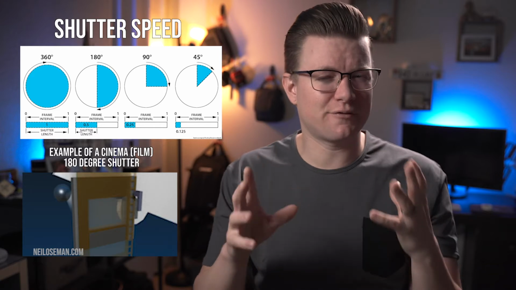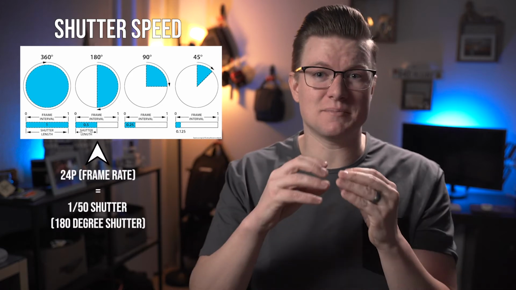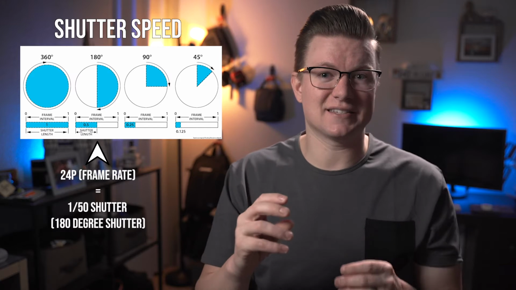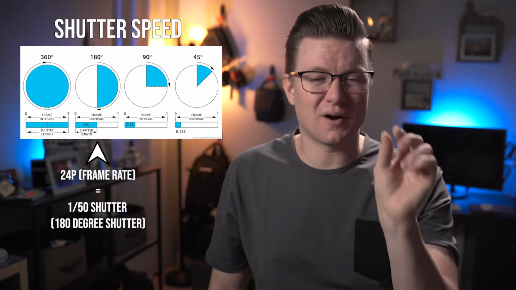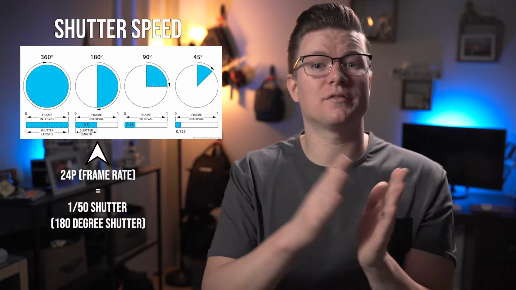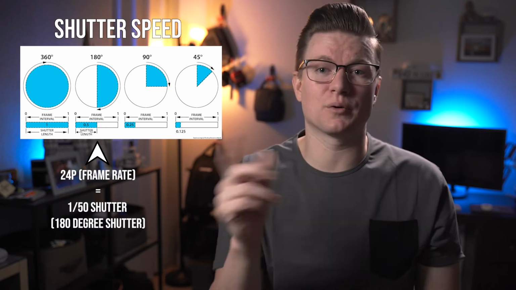So at 24p, you're probably going to be setting to a 1/50 shutter. That means that the shutter will be open for 1/50th of a second. That is exactly half of one frame of the 24p, because there's 24 frames in a second. 1/50th is going to be about 1/2 of every frame exposed or open.